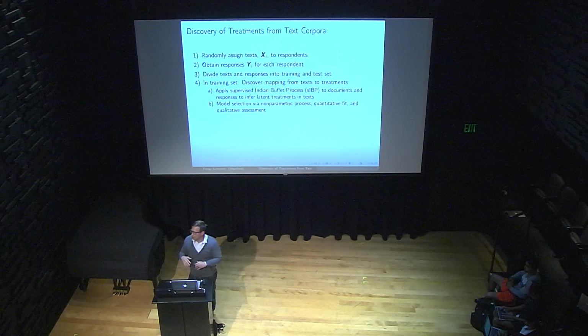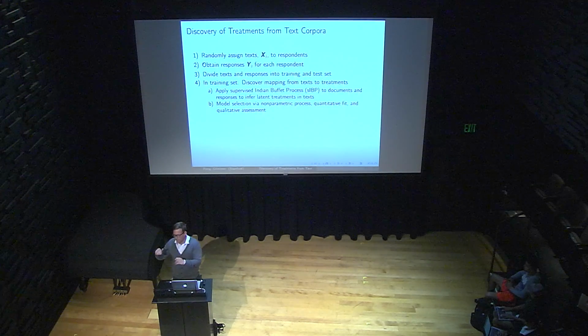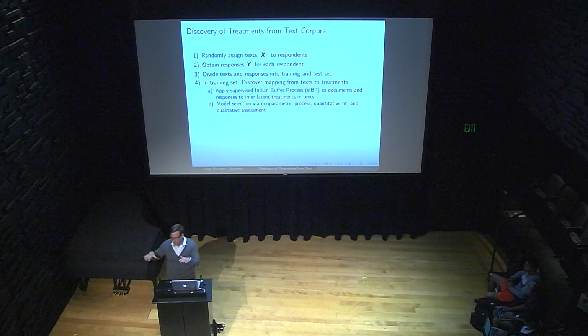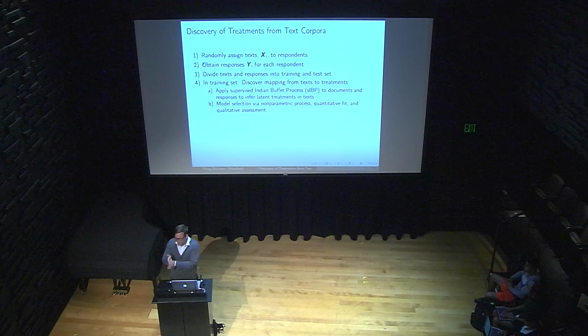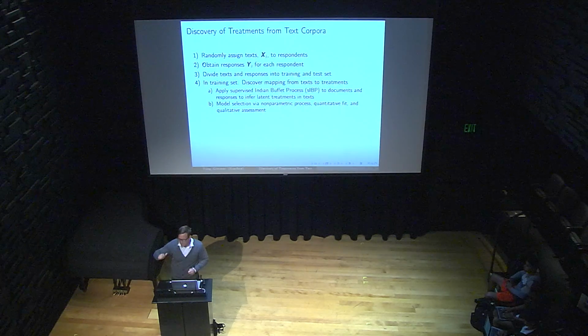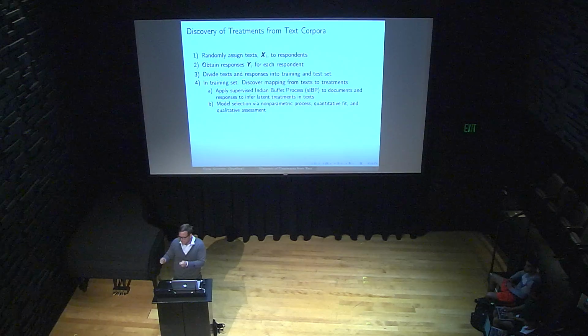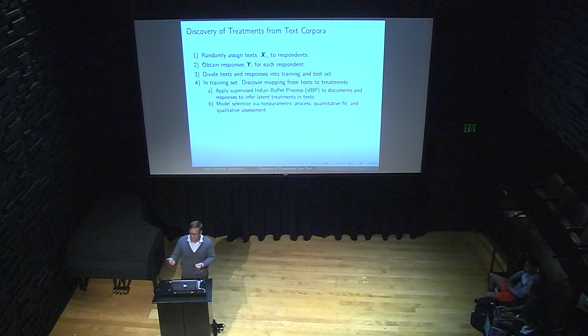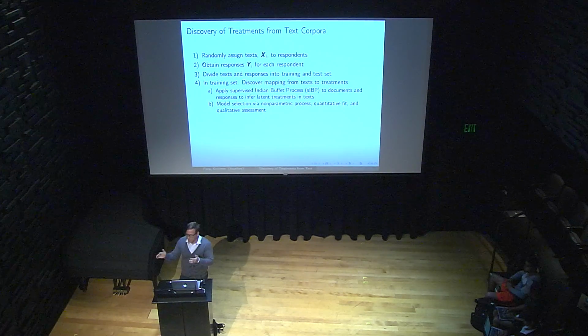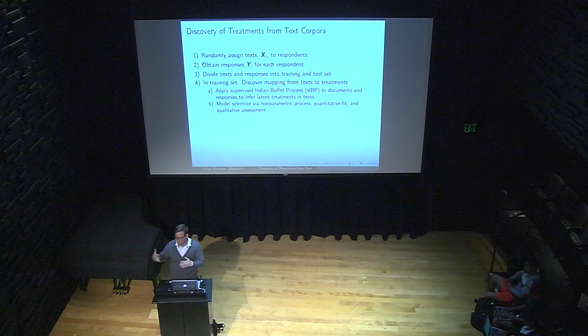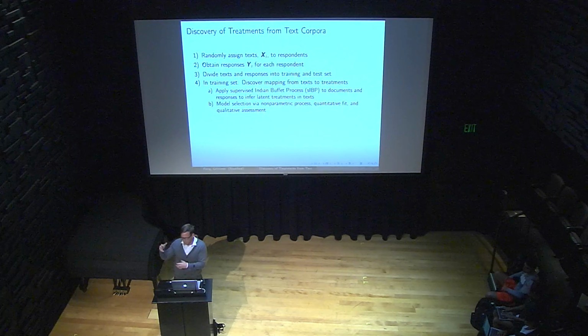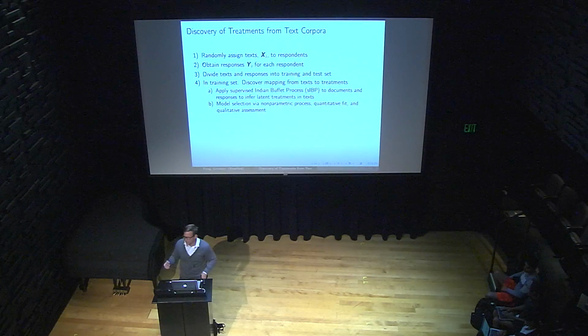So I think there are other ways in which one can think about doing this. Any method that would provide you with either a binary representation of the text or some sort of continuous version that wasn't constrained, you could do that as well. We don't have a continuous version here because for this initial exercise, we didn't want to get into the stronger assumptions you have to make about the shape of the relationship, but you could definitely do that as well.